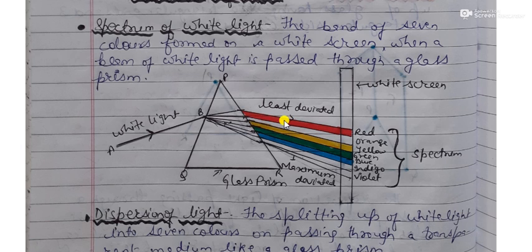Now the red color has maximum speed in the glass, so red color is least deviated, and due to this the red color forms the upper part of the spectrum, whereas the violet color has the minimum speed in the glass and the violet color is deviated maximum, so it occurs at the base of the spectrum.